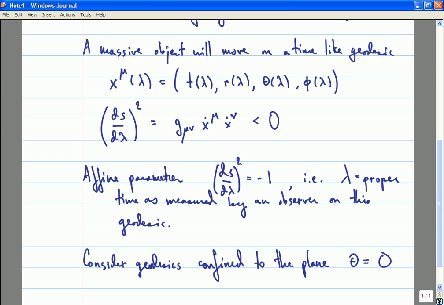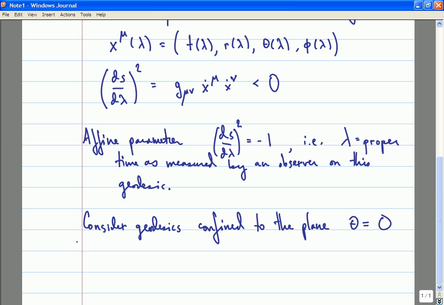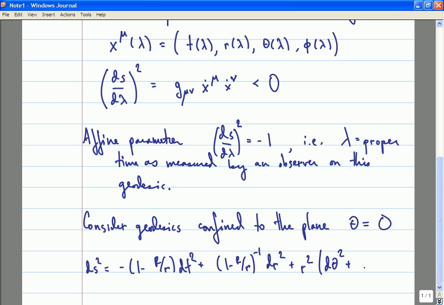So remember the sphere, I'll just write down the metric again for you. So we had minus (1 minus r_s over r) dt squared plus (1 minus r_s over r) inverse dr squared plus r squared times the metric on the sphere.